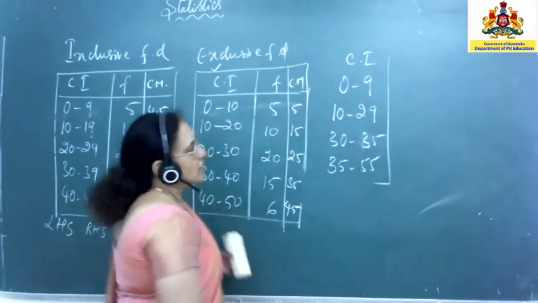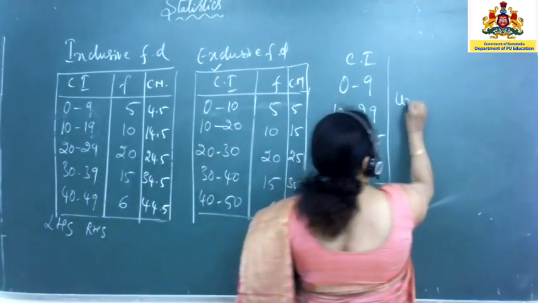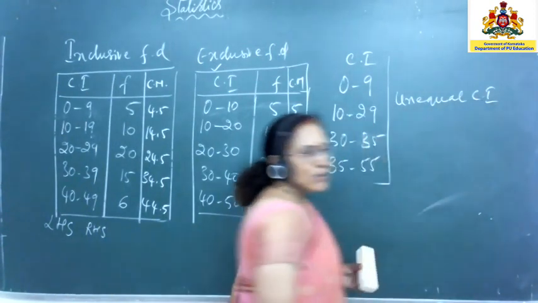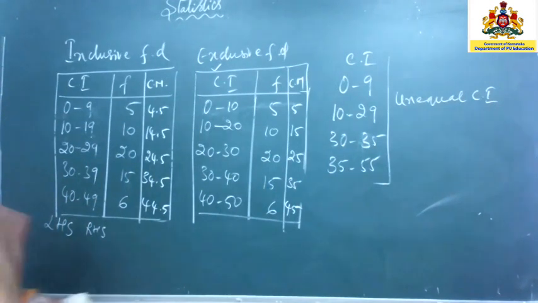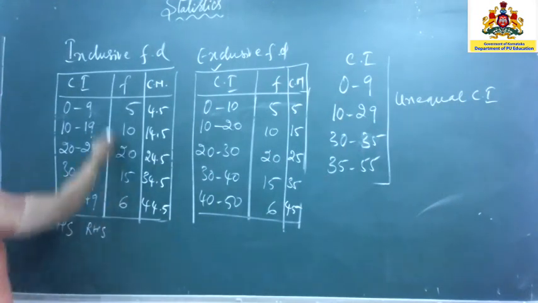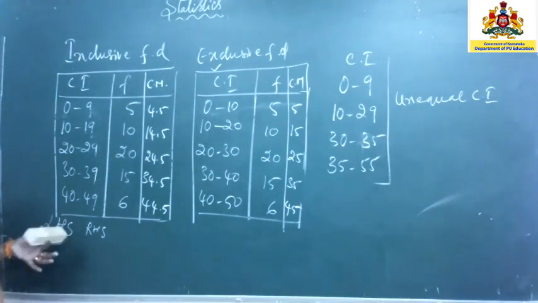Now you see the class width is different. So therefore such class intervals are called unequal class intervals. Unequal class intervals are those class intervals which have unequal class width. Okay. Sometimes you also call equal ones uniform class intervals. Uniform means the class width remains the same.